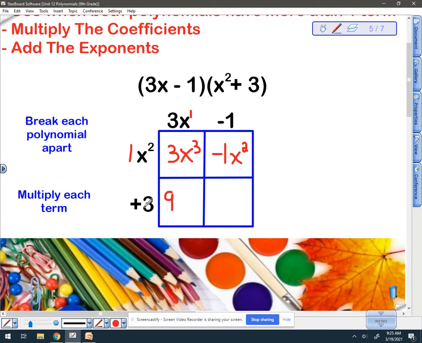I have an x here, no x here, so I just leave it x to the first power. And then for this box, positive 3 times negative 1. A positive times a negative is a negative. 3 times 1 is 3. So we broke the polynomials apart, broke the binomial apart, broke this one apart, and then we multiply to fill in each box.